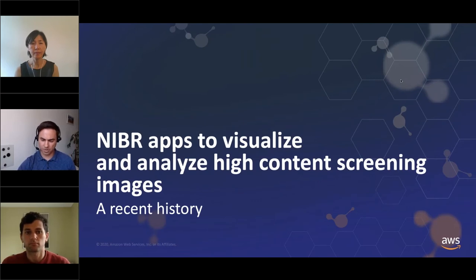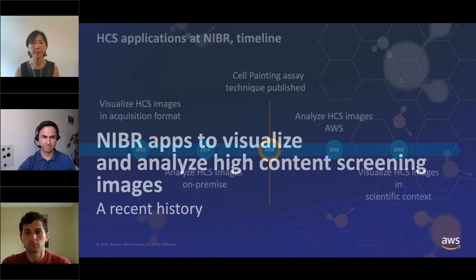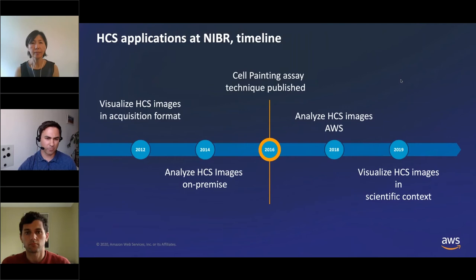So a short history. People have been running imaging assays and imaging experiments for several years at NIBR. There has been an evolution of tools over time. So this shows a very rough timeline, but if you start from left to right, when we started out, we could visualize HCS images in acquisition format.